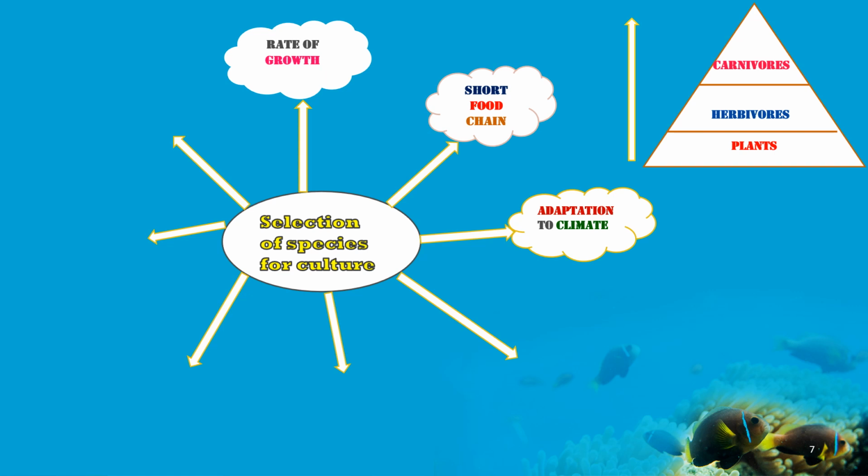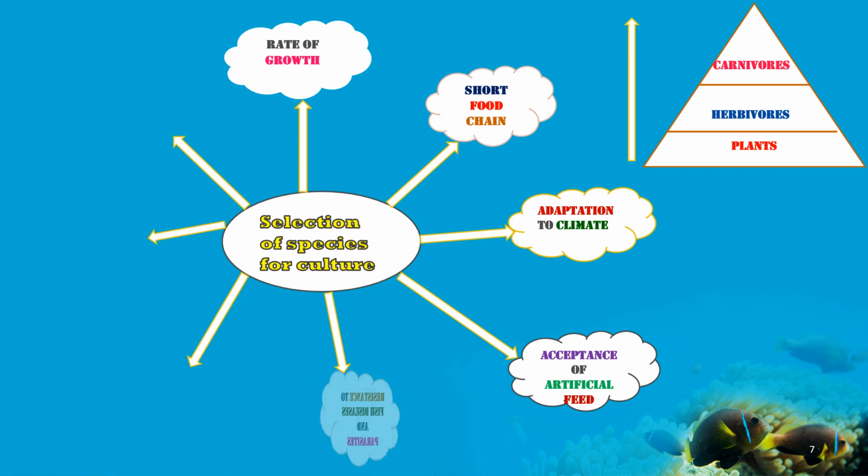But the exotic carps are adjustable to various climatic conditions. The natural food availability is not sufficient, so the fish accepting artificial feed is preferable. The fish having resistance to fish diseases and parasites is preferable for cultivation.